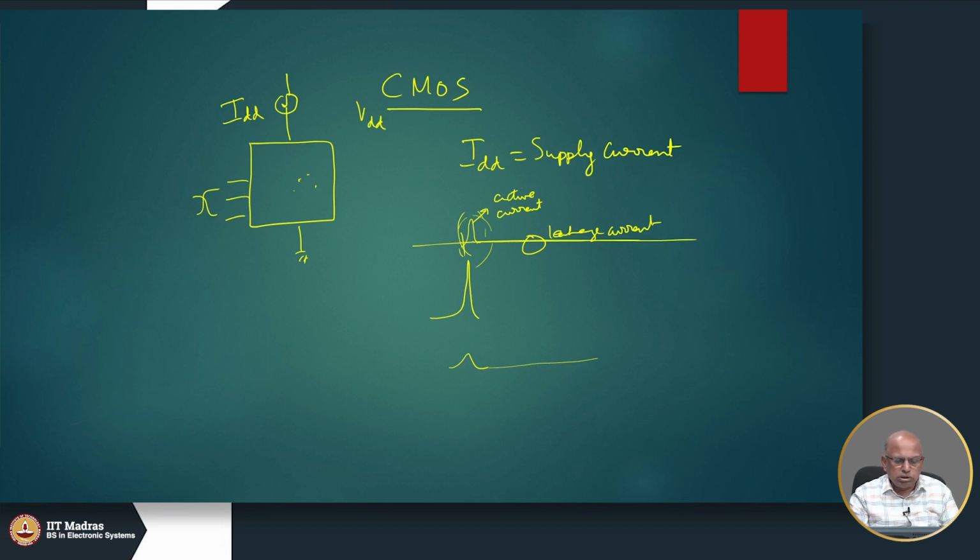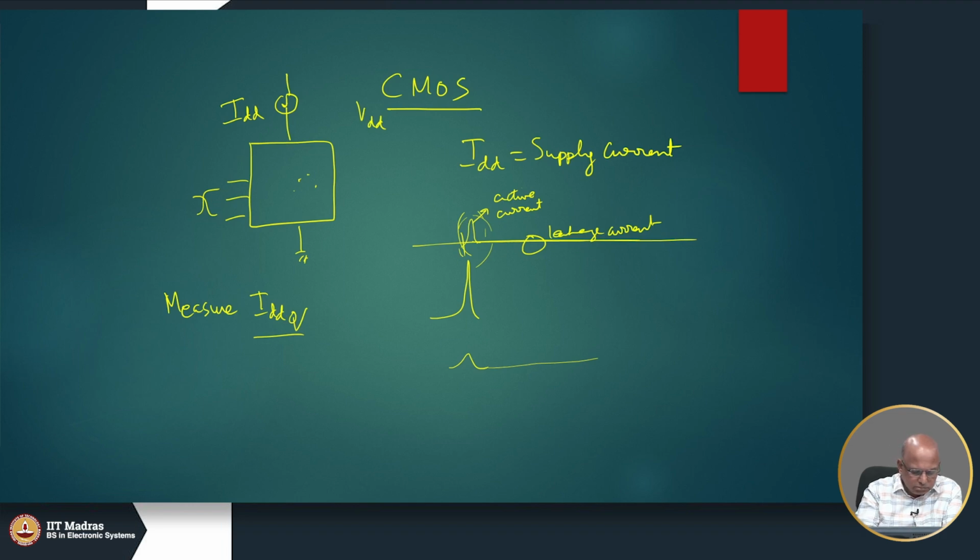So what we could do is measure that IDD, we say IDDQ. Q means quiescent. When all the activities have completed and the circuit has become quiet, then we can measure the current. It should be very small in a CMOS circuit, mainly due to leakage. So if this is a small value, then we can conclude that it is a good circuit.